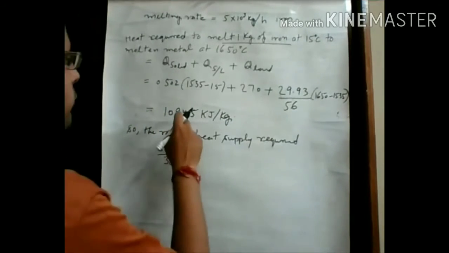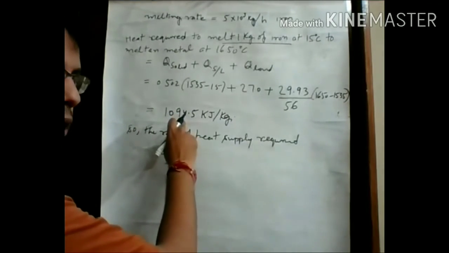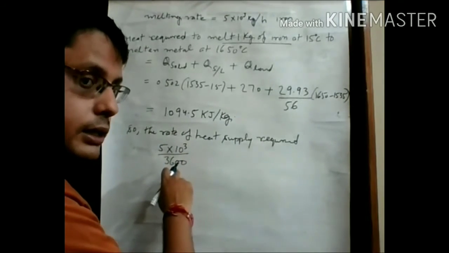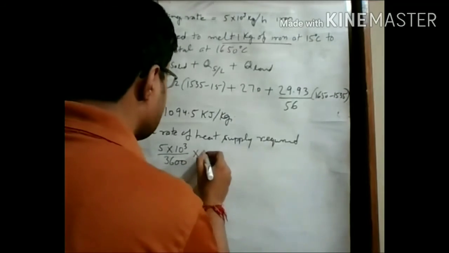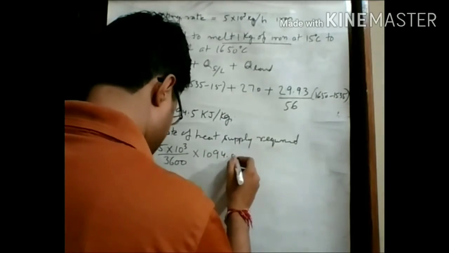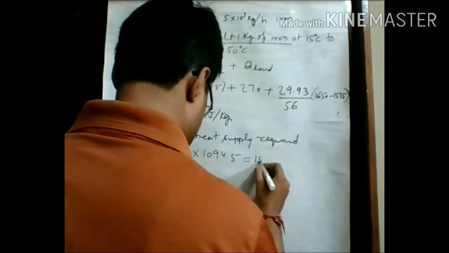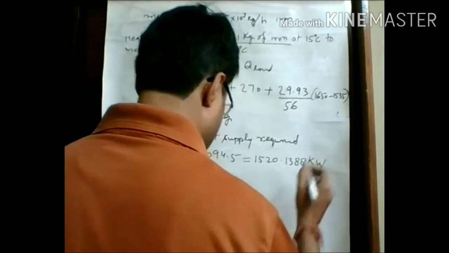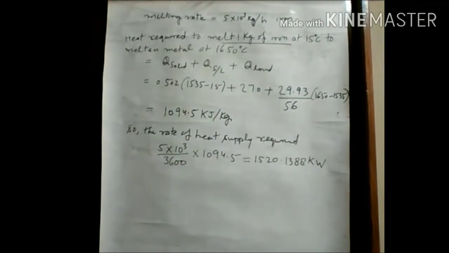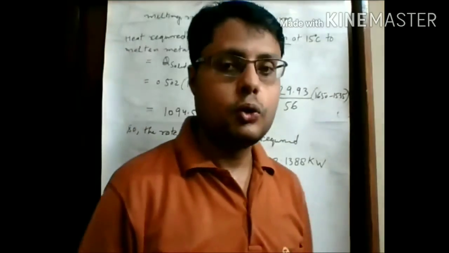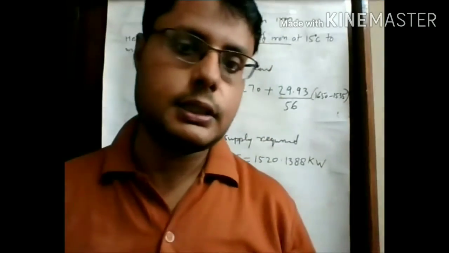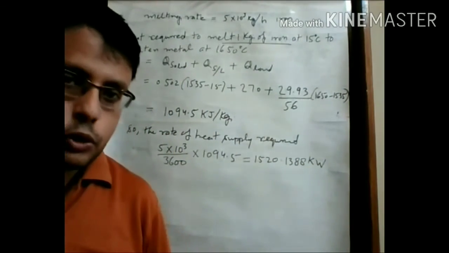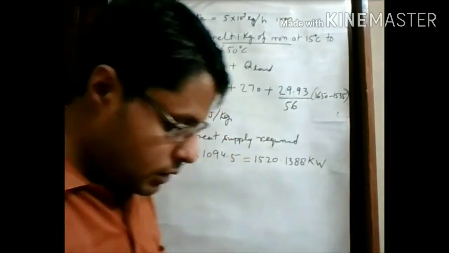For 1 kg, this is the amount needed, so for the amount per unit second needed for melting, multiply by 1094.5, that is equal to 1520.1388 kilowatt. This is the amount of heat required to process this solid iron into 1650 degrees centigrade liquid iron.